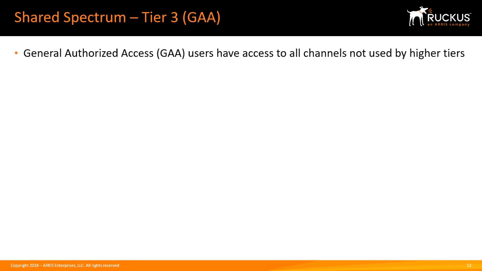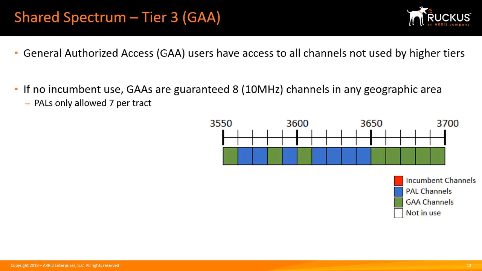And finally, the lowest tier GAA users are permitted to use any portion of the CBRS band, which is band 48, not assigned to higher tier users. With an open access rule, GAA provides free access to the spectrum similar to unlicensed spectrum. Since PAL licenses are limited to a maximum of 70 MHz or 7 channels in any given county, 80 MHz or 8 channels are guaranteed to be available for GAA use if there is no incumbent usage.